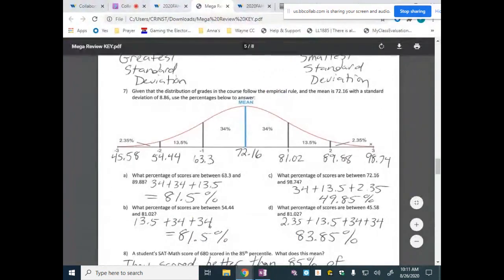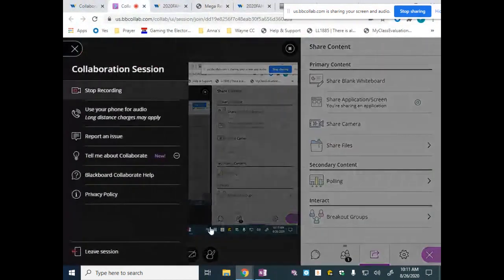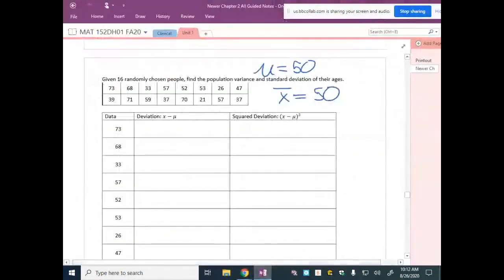So we now have our mean. We want to calculate each individual deviation. So 73 minus 50, which is going to be 23. Now, I'm not going to require that you show the calculations here. What I am going to require is that you tell me what the deviations are. But basically, to find each deviation, what do we subtract from each of these?